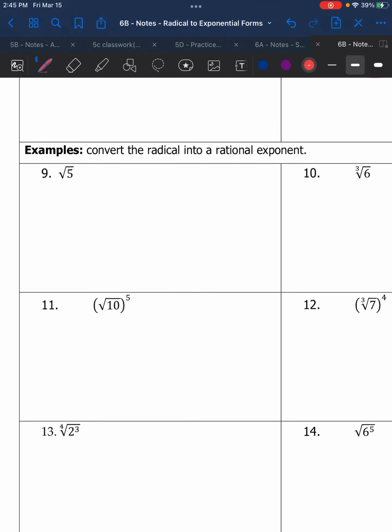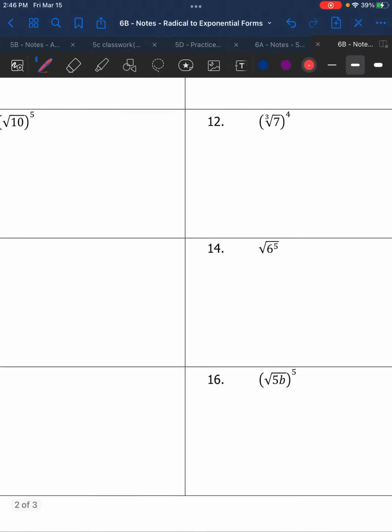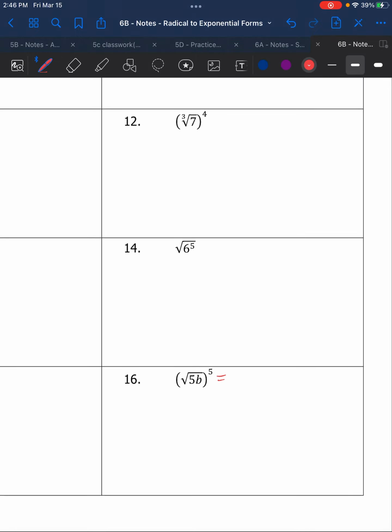All right, converting it back, so you're just going back the other way. This is a square root. Square root is 2, so the denominator is 2, and the numerator is our exponent of 1. For this, the only one that might be of issue would be the last one, so try it and then check out the answer when I do this.